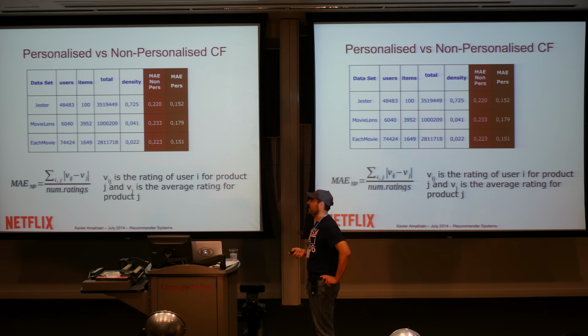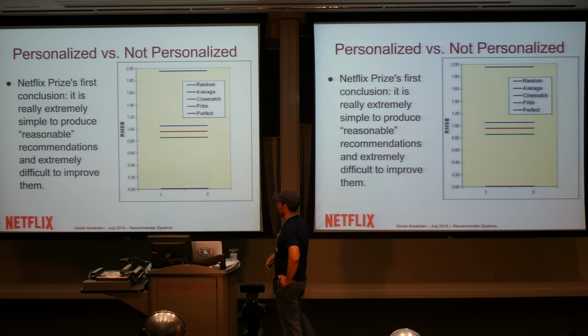And this is actually highlighted in this other plot that I have. This is related to the Netflix Prize, where here, by the way, this is the root mean square error. So it's different than the mean average error, but the idea is the same.